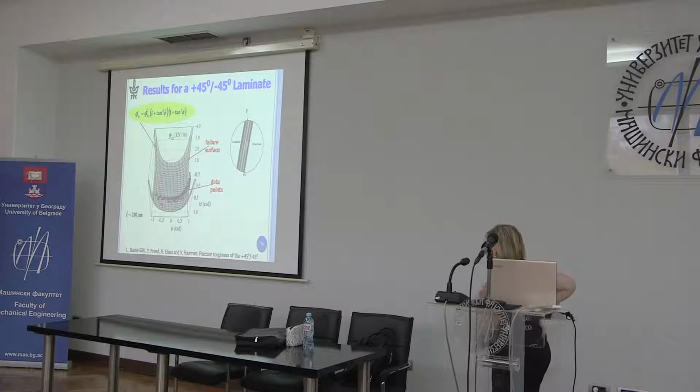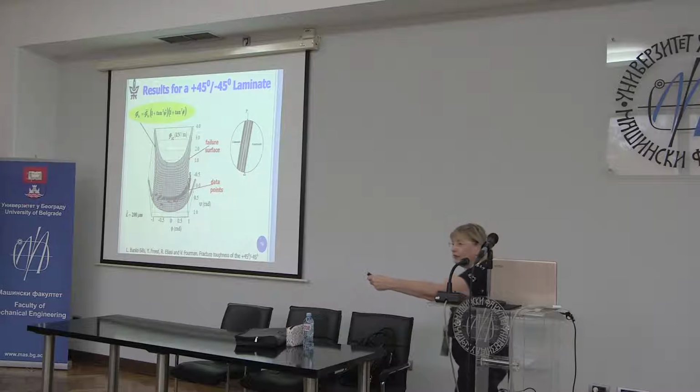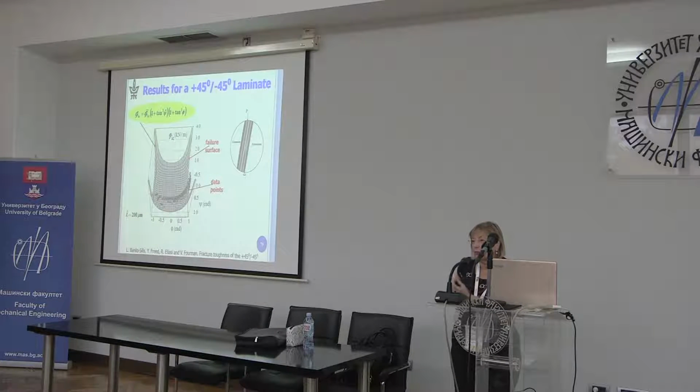This is our data. Some of the points are below, some of the points are above. We had 26 specimens. We had 2 specimens for which all the points were below, and we had 6 specimens for which all the points were above the failure surface. And for the rest, if you go along the delamination front and you plot the points, some points are above and some points are below. So we told a story.